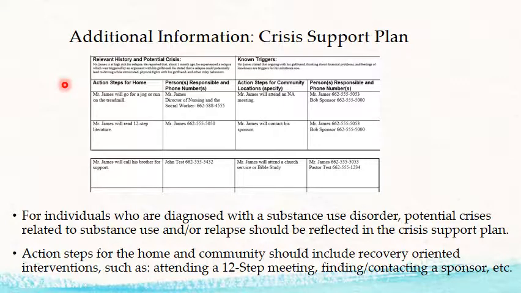So it's very important that we include steps that they can do if they find themselves relapsing or at risk for relapse. Just ideas for action steps include attending 12-step meetings, finding a sponsor, calling a support person, etc.